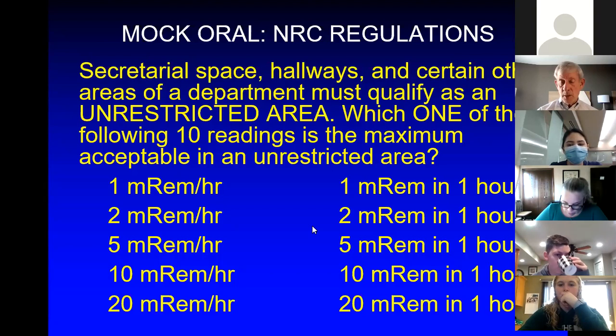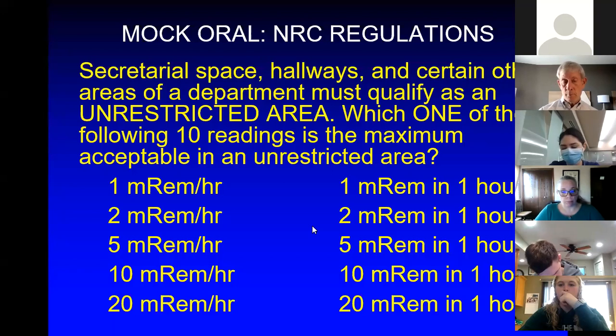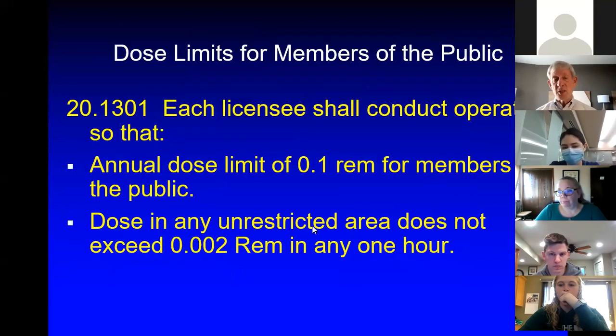And many books, not many, but some books have the wrong answer for this question because they will say that it's the one on the left, mR per hour. It is not. What's the correct number for an unrestricted area? Anybody? 2. Good. So here's the rule. Now this is a copy and paste job right out of the CFR.